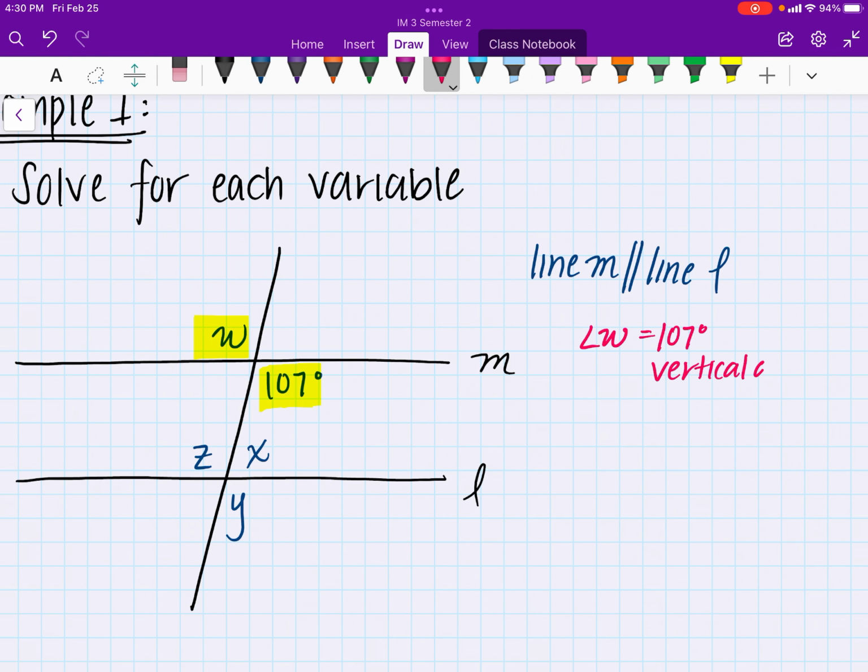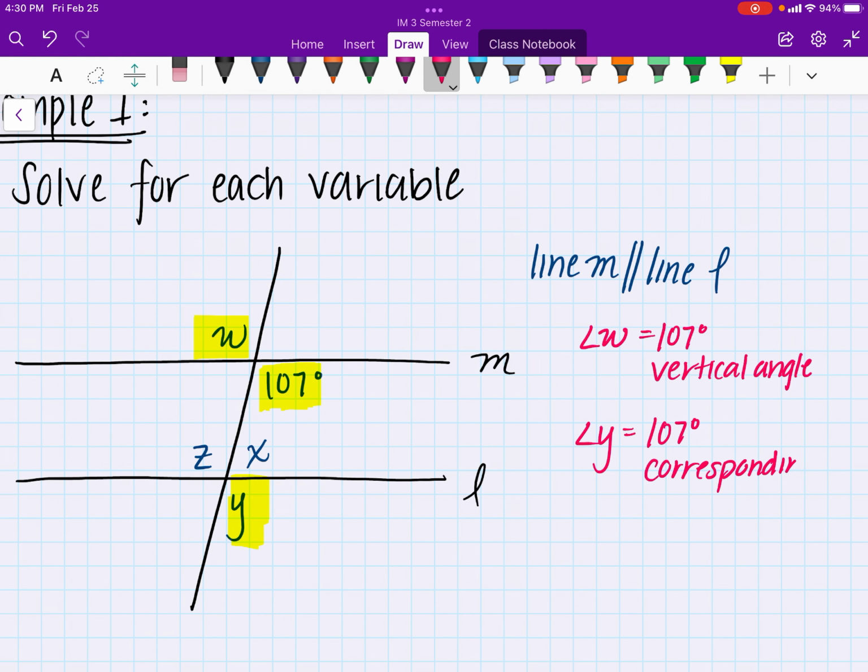Now, knowing that, I could also say that 107 is a corresponding angle to Y. So that makes angle Y equal to 107 because they are corresponding angles.